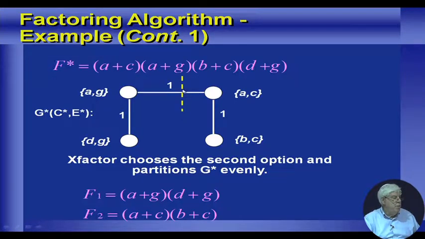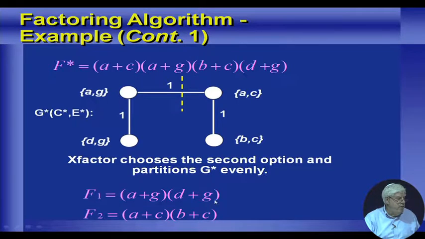So what does that mean? It means I'll take the Boolean function represented by one side, which is AG and DG, that's on the left, and AC, BC on the right, and I'll call one of them F1 and one of them F2. Now I call my algorithm recursively to do the best I can on those. Then what happens when I return with that best solution?